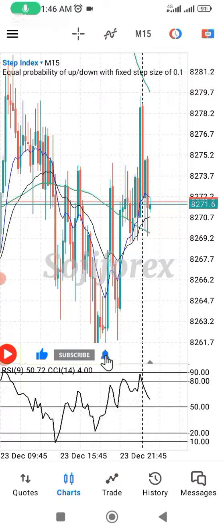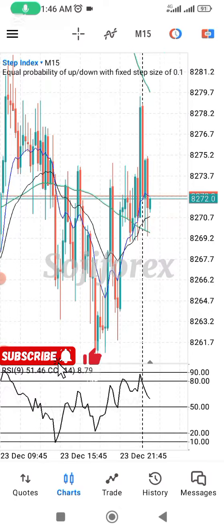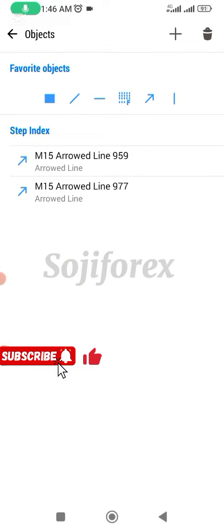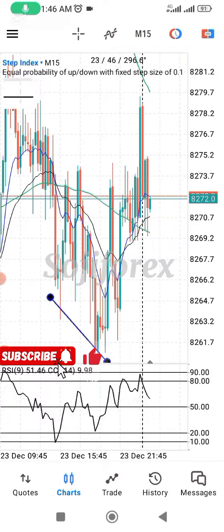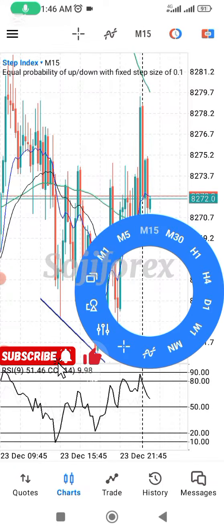middle Bollinger Band zone. Okay, so first, before we make any entry, we want to spot a divergence. A divergence is when the indicator window is doing the opposite of what is happening on the main chart.